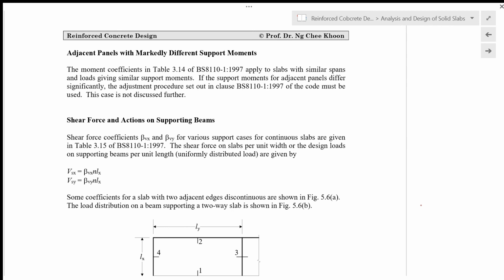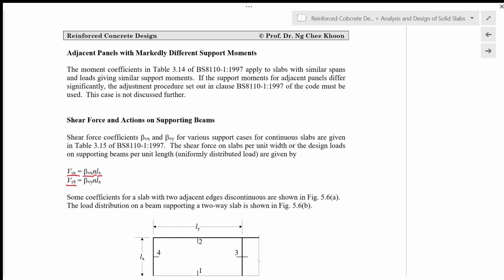The shear force on slabs per unit width, or the design loads on supporting beams per unit length, uniformly distributed load, are given by Vsx equals beta Vx times the ultimate design load n per unit area multiplied by Lx, which is the shorter dimension of the slab. And then Vsy equals beta Vy times n times Lx.